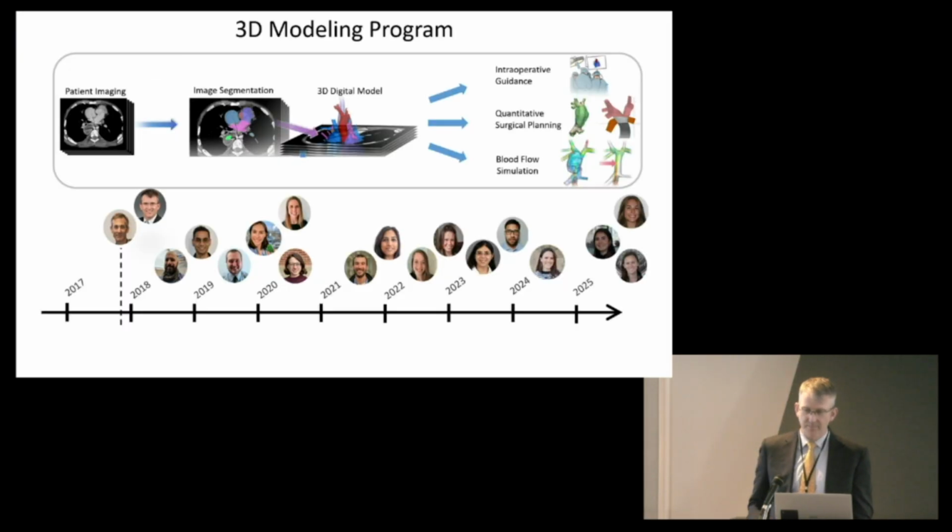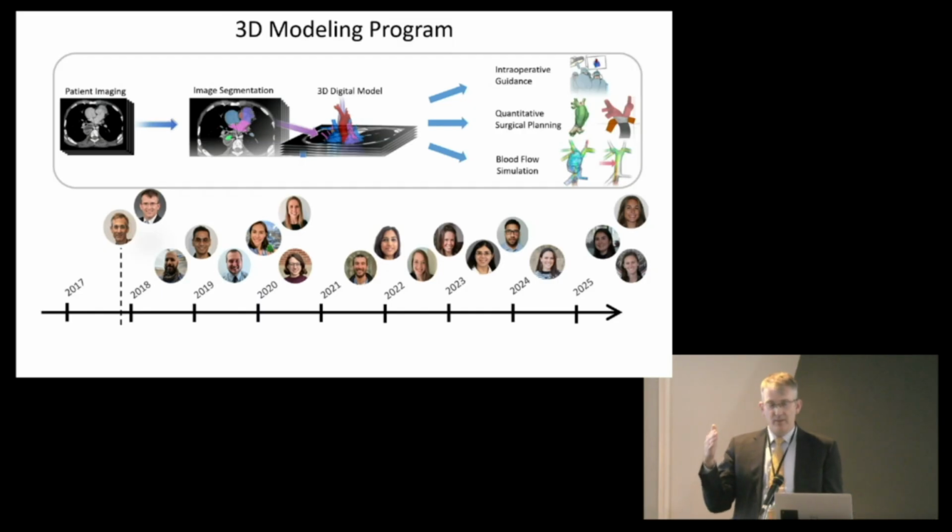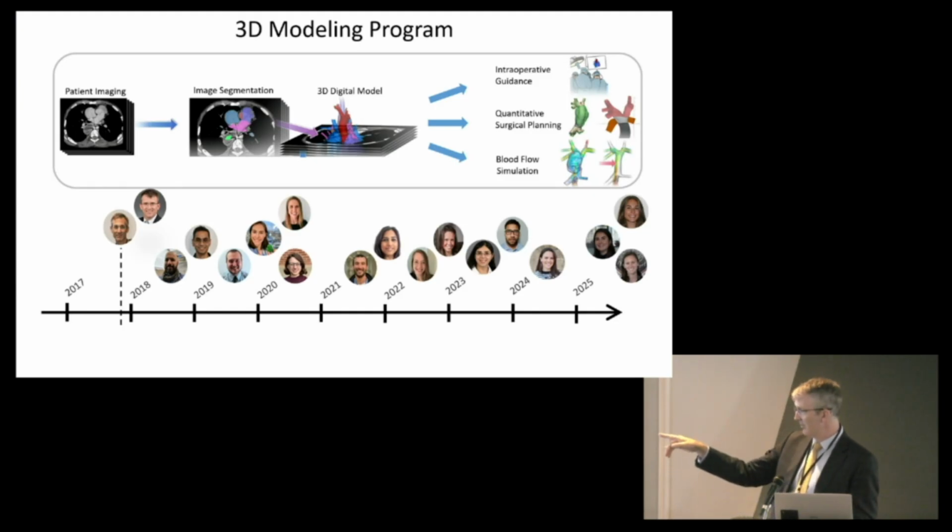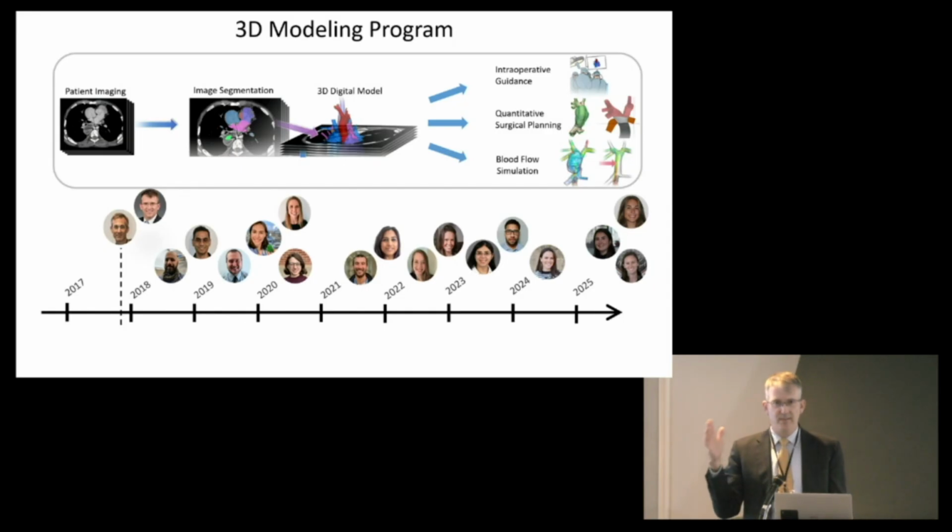And so we've done this by really growing a team of engineers at Boston Children's Hospital. So this effort started quite some time ago in 2016, and we got our first funding in 2017. And over time, we've added team member after team member, engineer after engineer to tackle all of these things. So we have a huge clinical service that makes these prospective 3D models for our patients. We're going to do 600 this year, and many of those patients have flow simulation or some degree of patch planning.